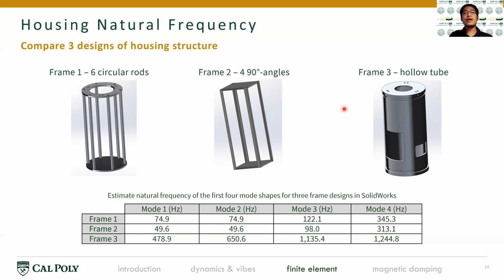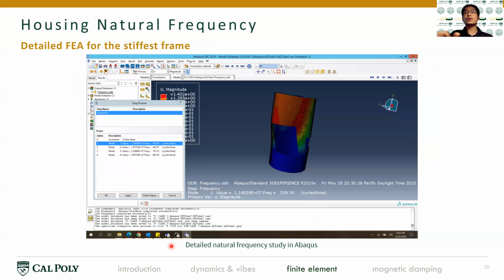And with the 3 frames, we put them into the simulation in SolidWorks, and we observed that the third frame actually has one of the highest natural frequencies for each mode. So we proceeded to do a detailed FEA study for this hollow tube.